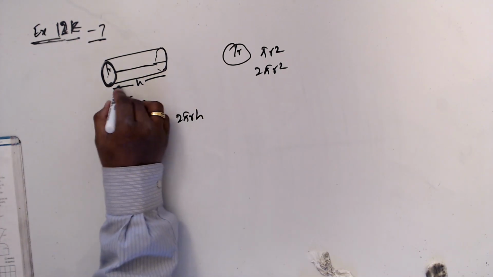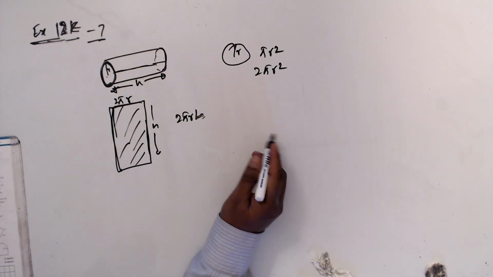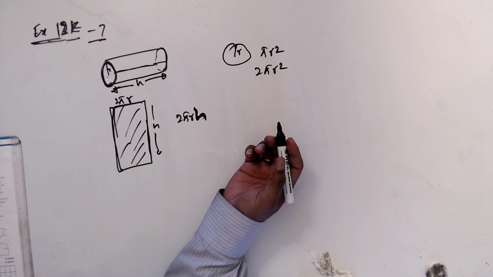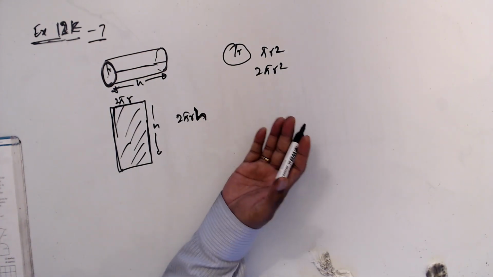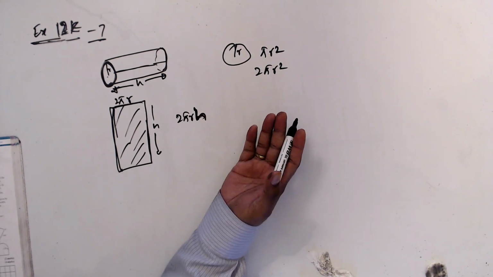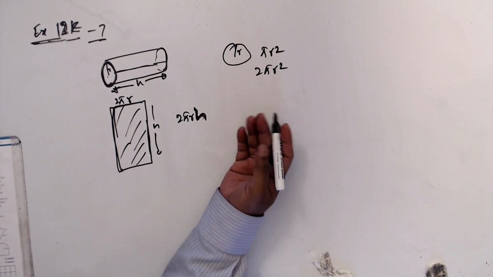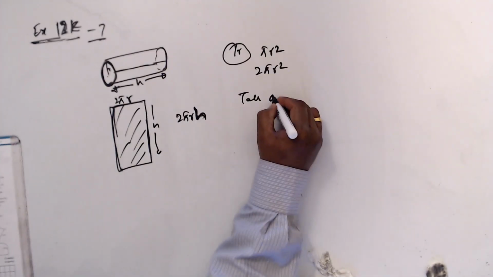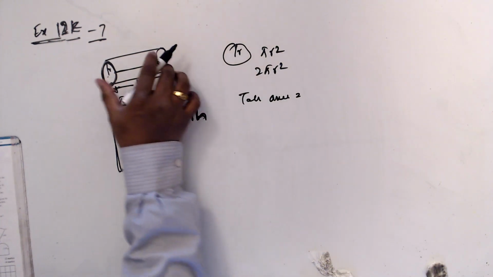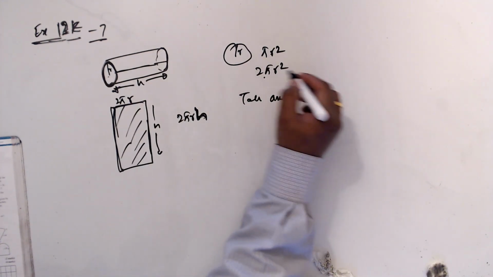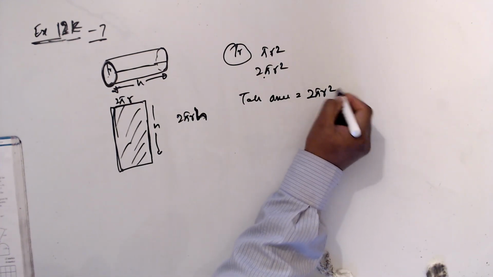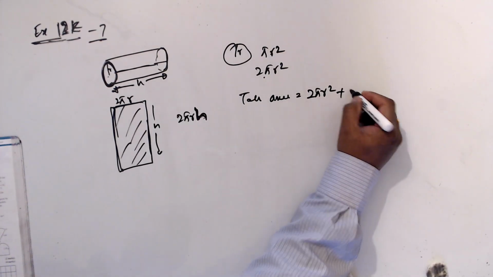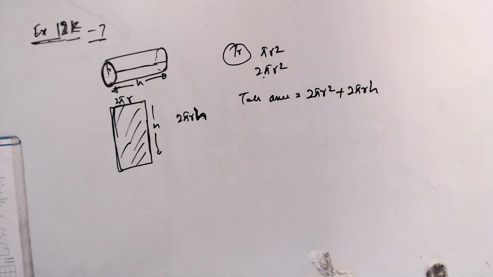So I simply take this distance h as the length, because otherwise I can't write. We'll deal with this later. First of all, get an idea. So now what is the total area? Total area is two sides, pi r squared plus pi r squared, 2 pi r squared, and the curved area 2 pi r times h.